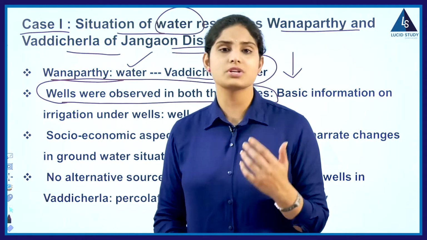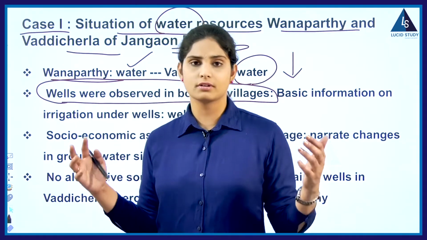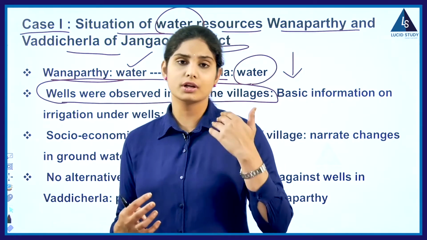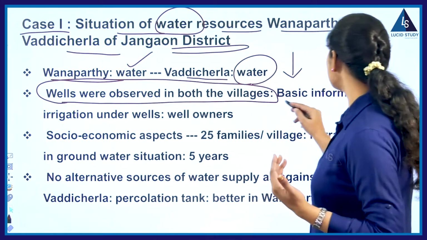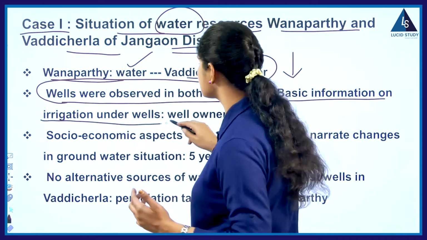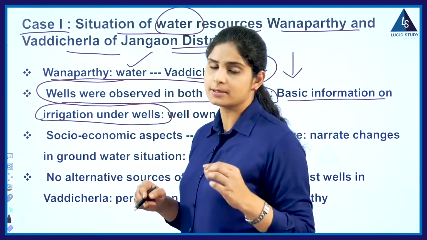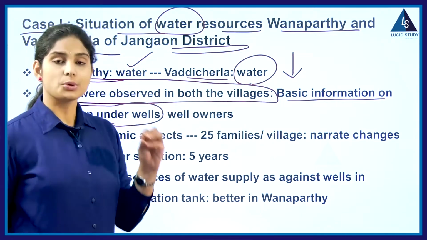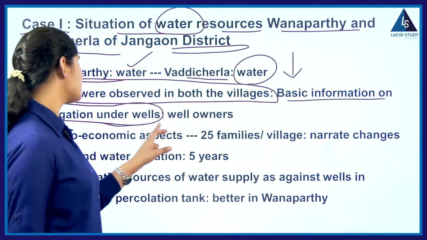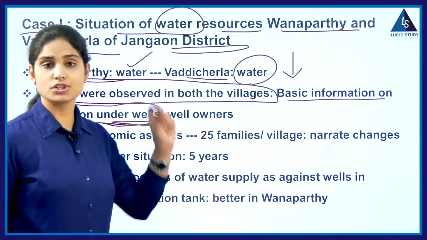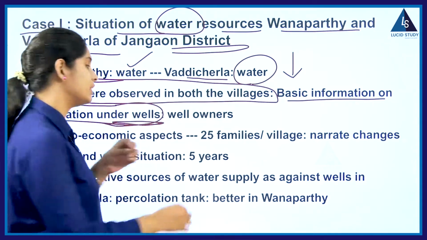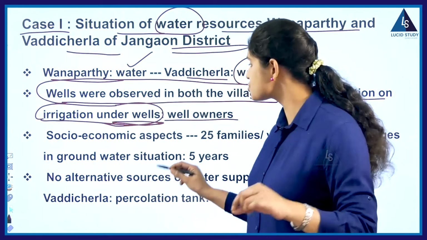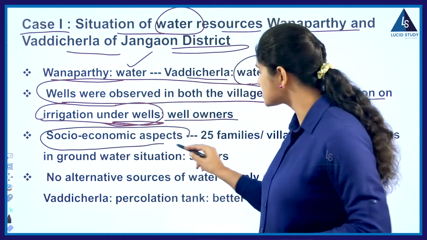They had a questionnaire about the different problems, including some questions on socio-economic problems. So basic information on irrigation from wells was gathered, especially from the well owners of those villages. Questions regarding socio-economic aspects were also discussed.